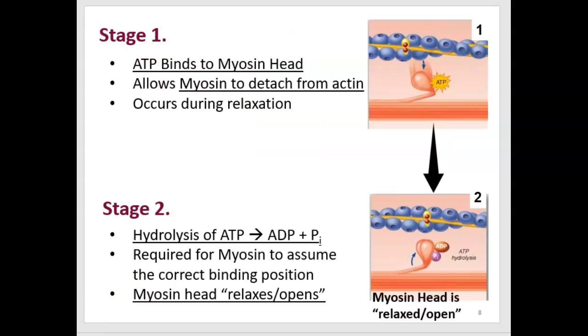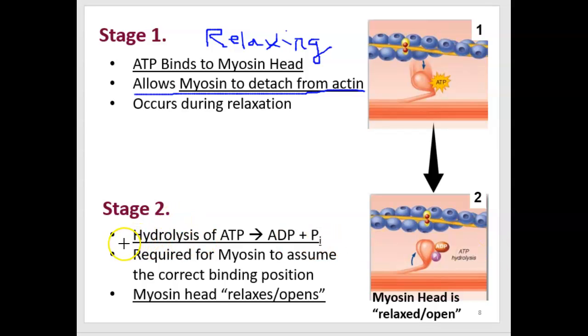So I wrote down what you need to know about each stage, I guess. Stage 1, ATP binds to the myosin head. Myosin needs that to detach from actin. So this is the state of relaxing the cross bridge. Oh, that didn't look very good, did it?